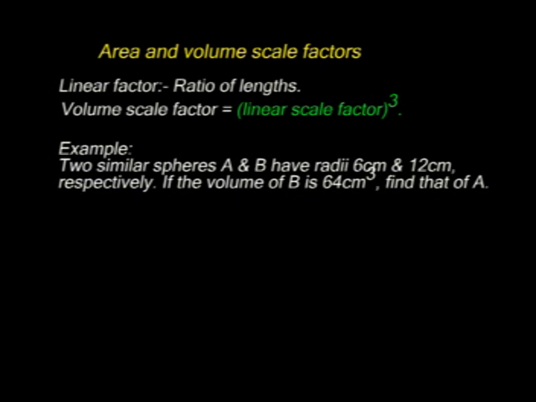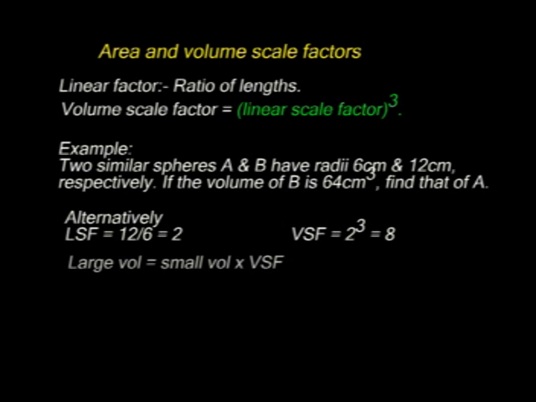Now it is important to note that the scale factor need not be a proper fraction or a whole number for that matter. For instance, in the last case we could have as well done like this. The linear scale factor, we can make it 12/6 instead of 6/12, which will give us 2. Hence the volume scale factor will be 2 cubed, giving us 8. Now you need to notice that the linear scale factor was obtained by dividing the radii of the larger sphere by that of the smaller one.